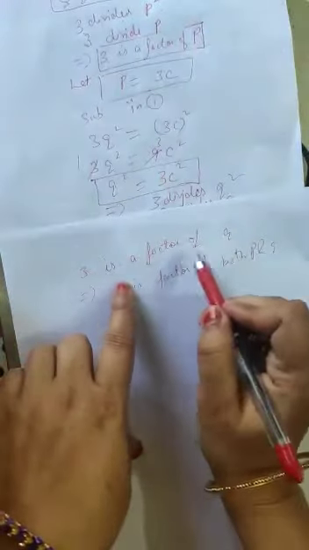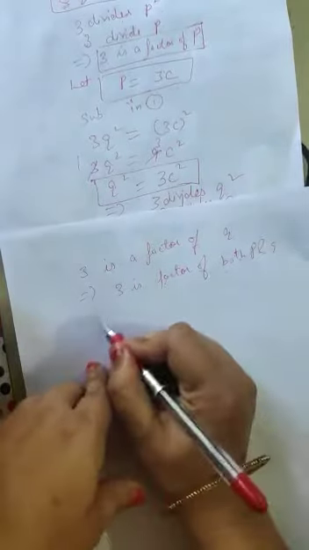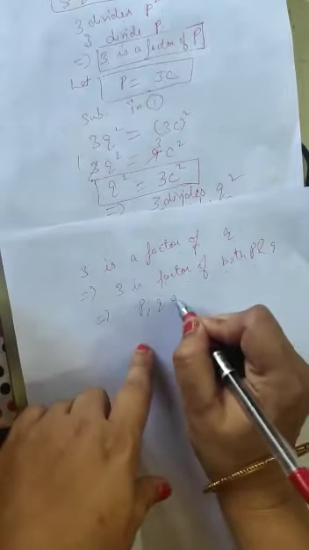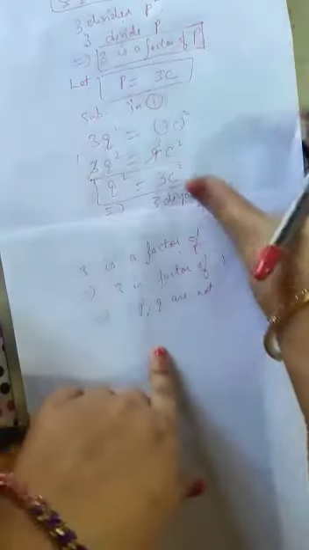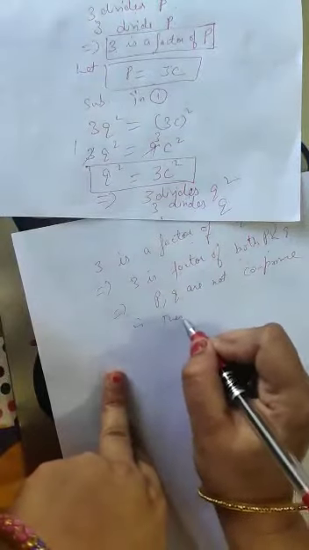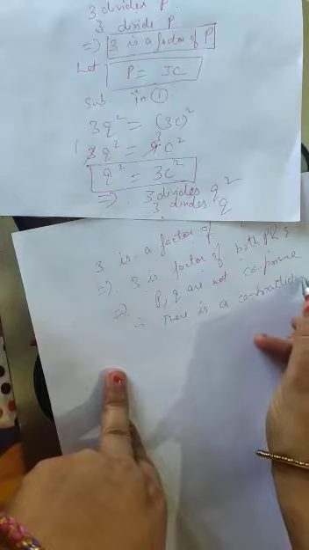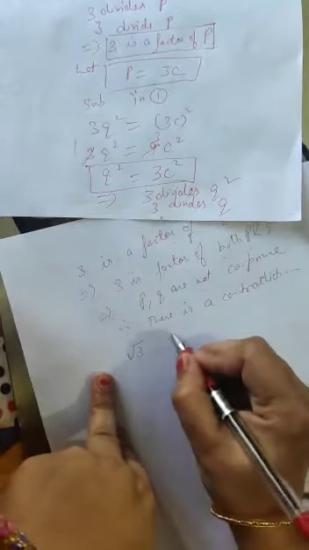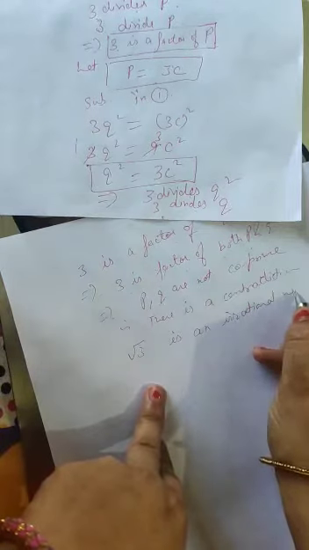Here we prove that 3 is a factor of q, means 3 is a common factor of p and q. It means p and q are not co-prime, but we assumed that p and q are co-prime and there is no other common factor. Therefore there is a contradiction, and square root 3 is an irrational number.